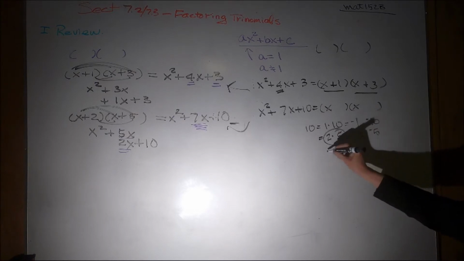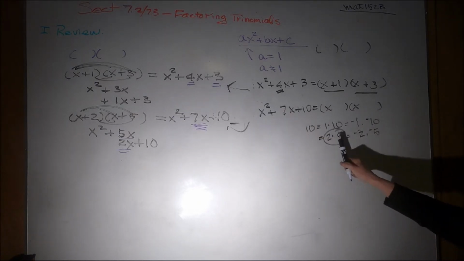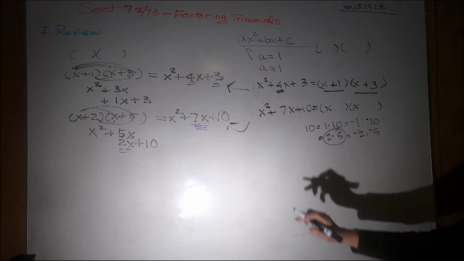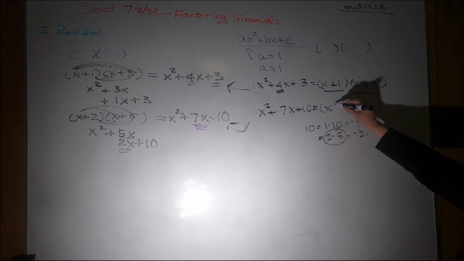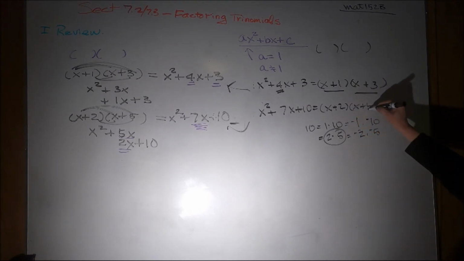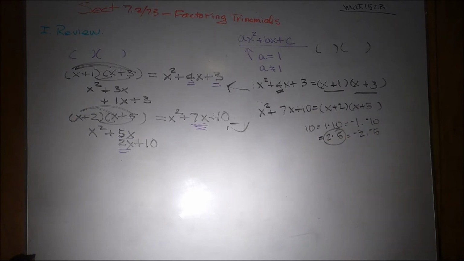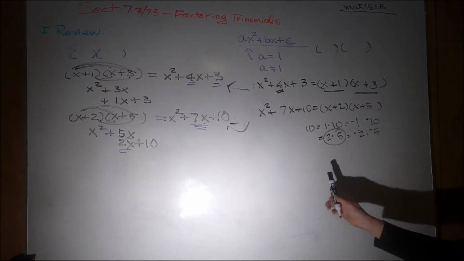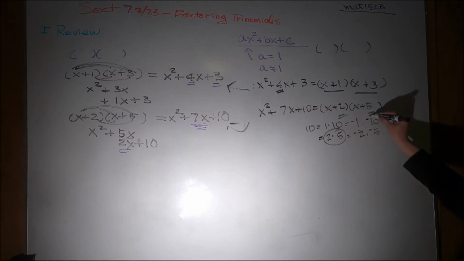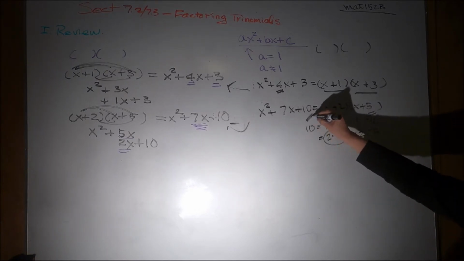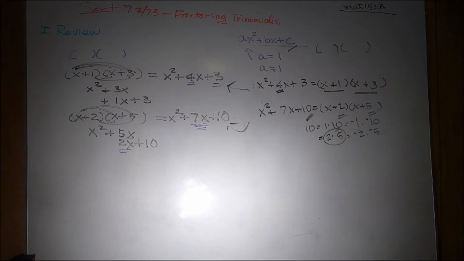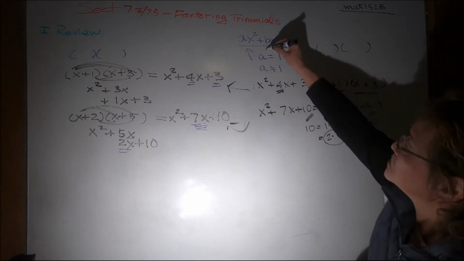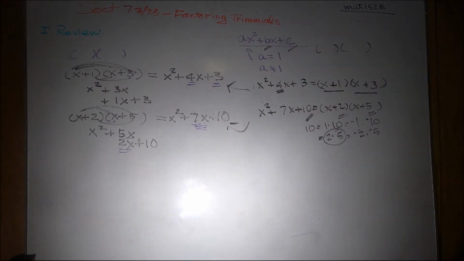The pair we choose has to be what? Added together is 7. So these two will work, positive, not negative. Negative would be -7. That's how we go backwards. It means what? The two numbers multiplied together give your C. Added together is your B. That's how we break down.